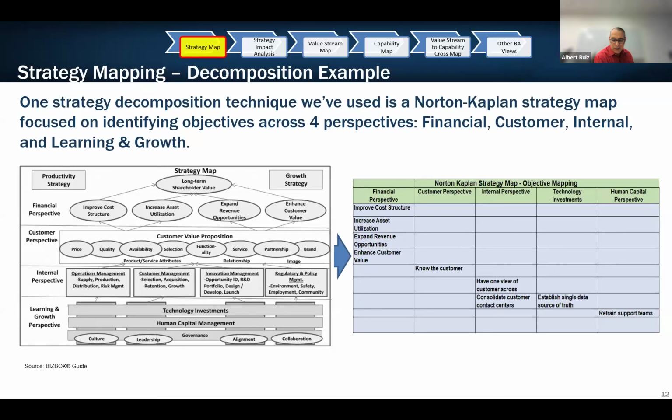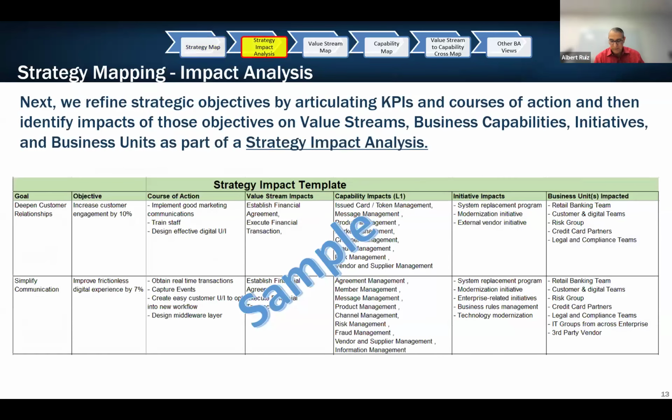If you could go to the next slide, Ben. Okay, I think this particular slide is important because it helps the business better understand the impacts to the objectives, the piece of the strategy that they're trying to solve.